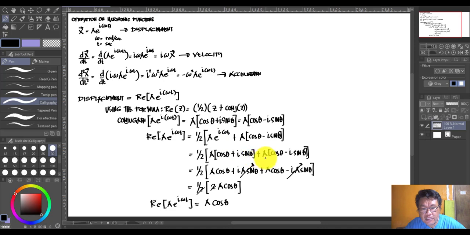Then distributing, the negative sign will be cancelled out since this is positive and this is negative. Combining both terms, we have 2A cosine theta. Since we have 1/2, we cancel that, and the real part of my displacement is A cosine of theta.